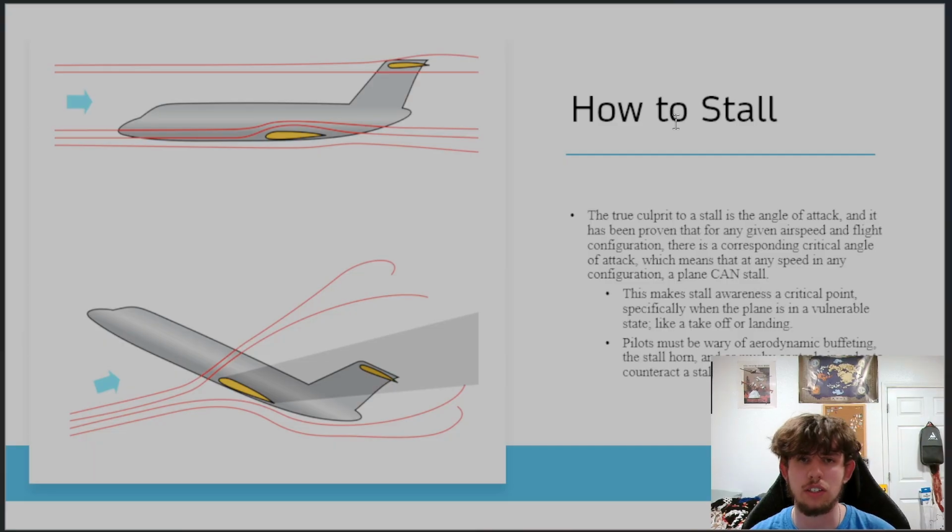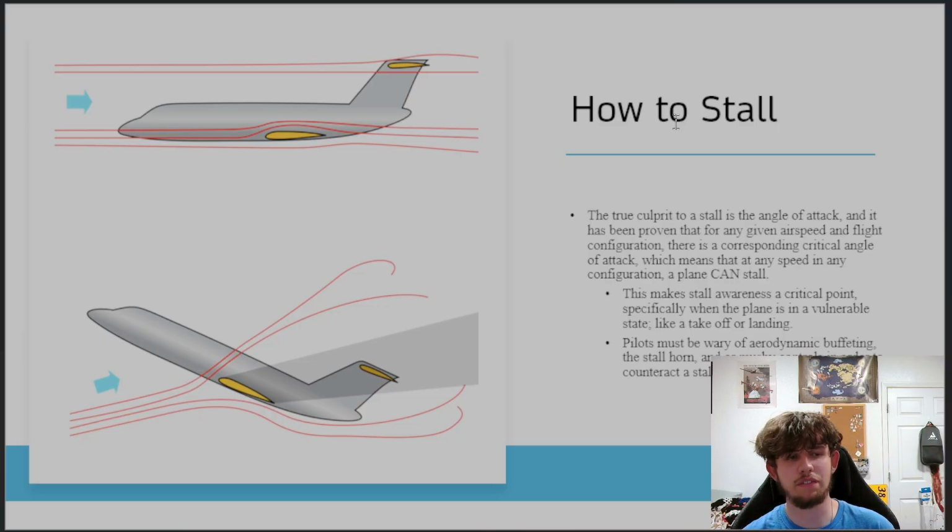Too much of an increase in that chord line to the angle the relative wind is hitting the wing means that you're going to lose laminar flow over the top of the wing and maybe even have a complete airflow separation, causing a stall in a takeoff or landing phase, which can prove to be fatal.